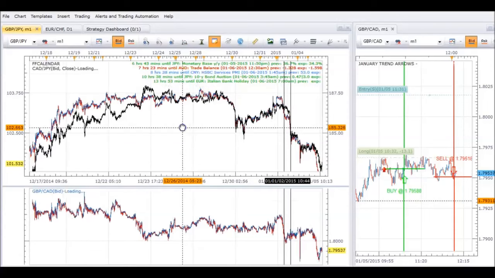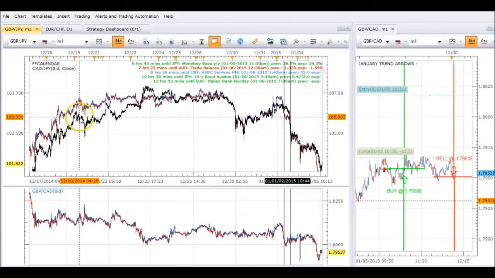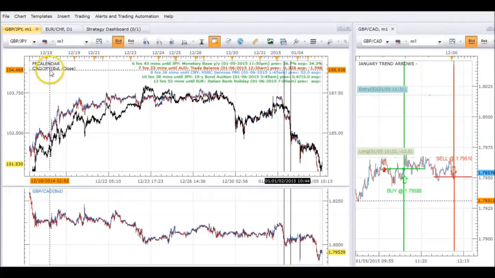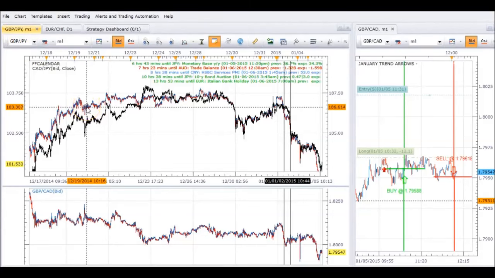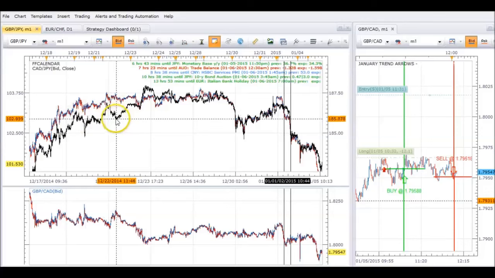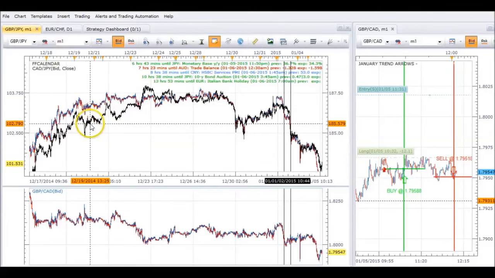Now, since December the 18th, I know that anytime this black line is below the actual chart, the CAD yen is undervalued in comparison to the British pound yen. I know that when the actual chart is above the black line, which is the CAD yen, the British pound yen is overvalued in comparison to the Canadian dollar yen.